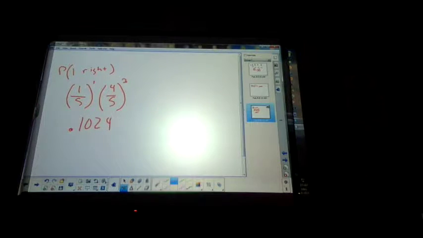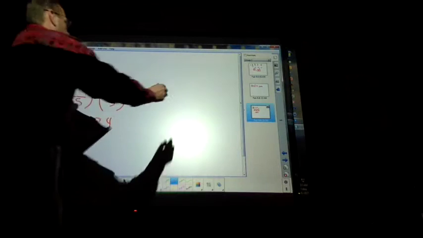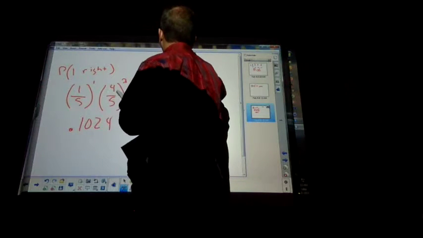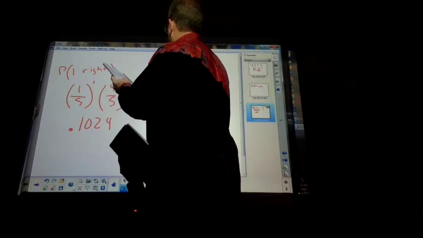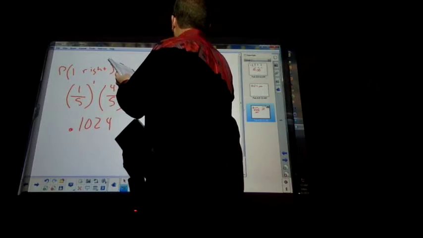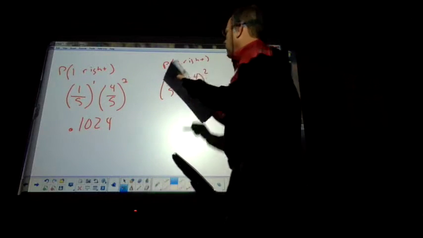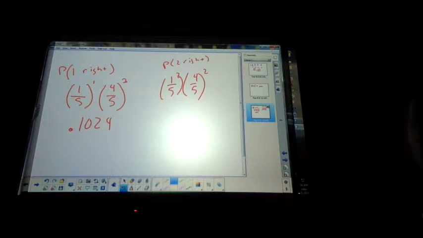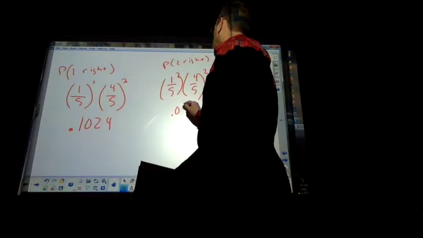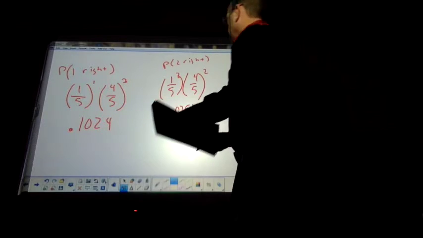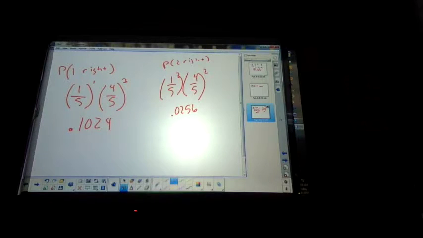And then the probability you get 2 right is going to be 1/5 raised to the second, 4/5 raised to the second. 0.0256. So 2.5% chance.